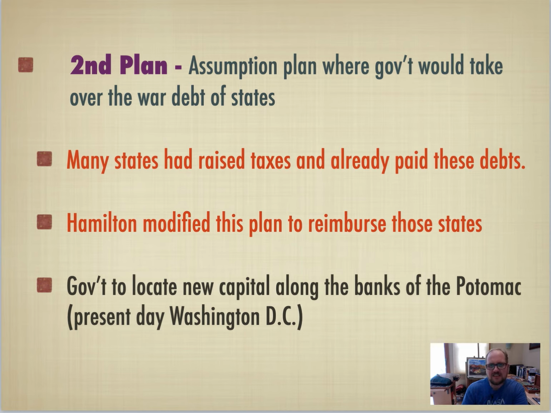So Hamilton made concessions to Madison and Jefferson and the Anti-Federalists, or these new Jeffersonians, to change the capital from New York City to where it's located presently, Washington, D.C. In the interim, while Washington, D.C. was being built, the capital was temporarily relocated to Philadelphia.